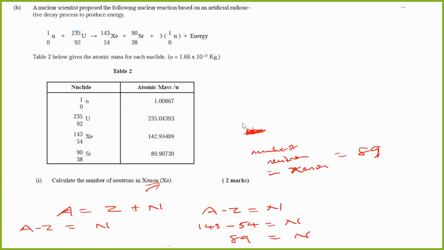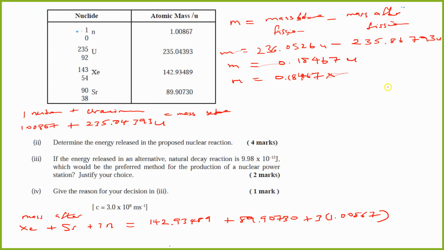U is 1.66 times 10 to the minus 27 kilograms. When I multiply that, I now get that the mass is 3.1 times 10 to the minus 29 kilograms.